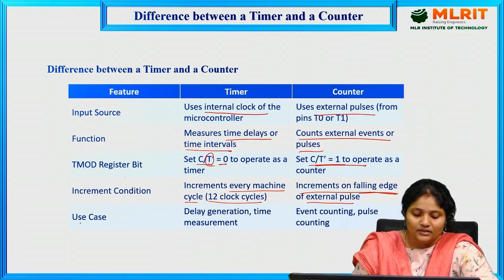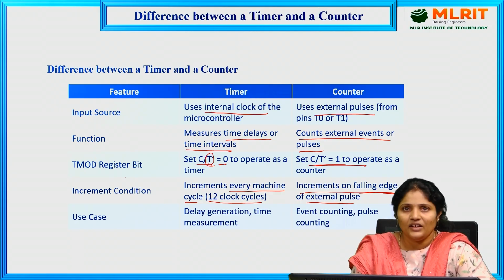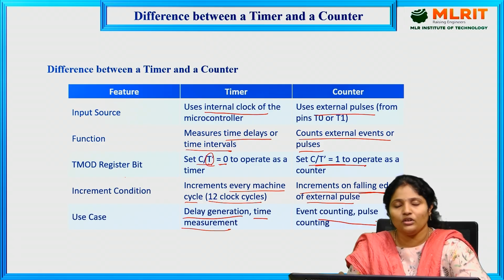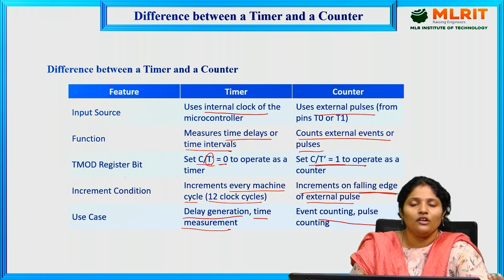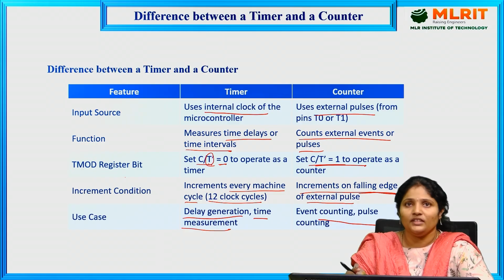As for use cases, timers are used to provide delays and time measurements, while counters are used to count events or pulses, that is, how many clock pulses are required to perform a particular operation. This is the main difference between timers and counters.